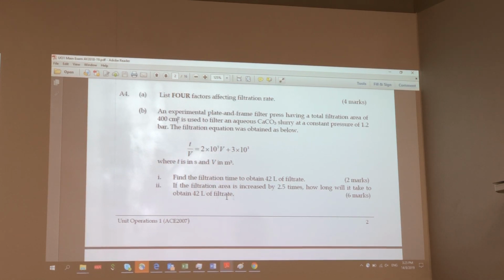And then, second part, if the filtration area is increased by 2.5 times, so means the area is 2.5 times your original area, right? How long it will take to filtrate the same amount? Okay?